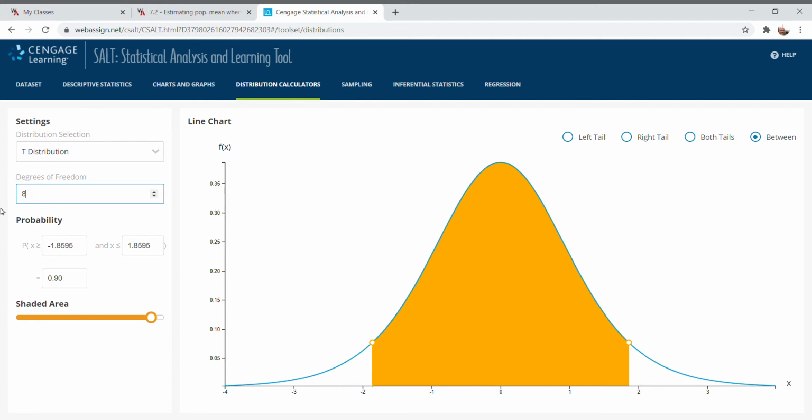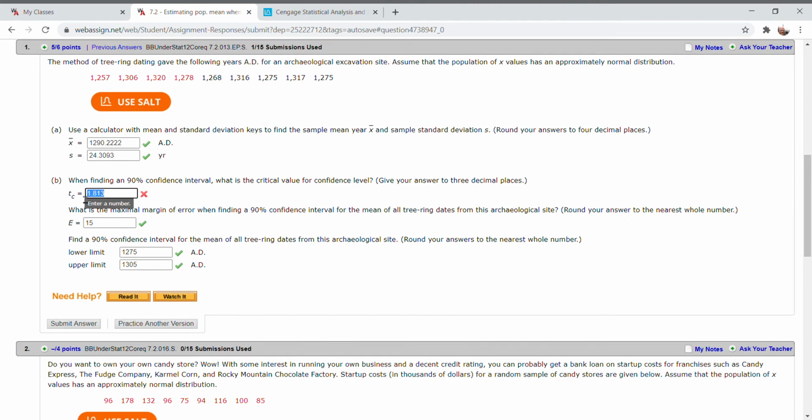It's a common mistake. We had 9 data points, minus 1 is 8, degrees of freedom is 8. So I'm going to grab this again, go back, I'm going to paste that in here, and then now round to 3 decimal places. The 9 makes that a 6. Now it's going to be good. There we go.